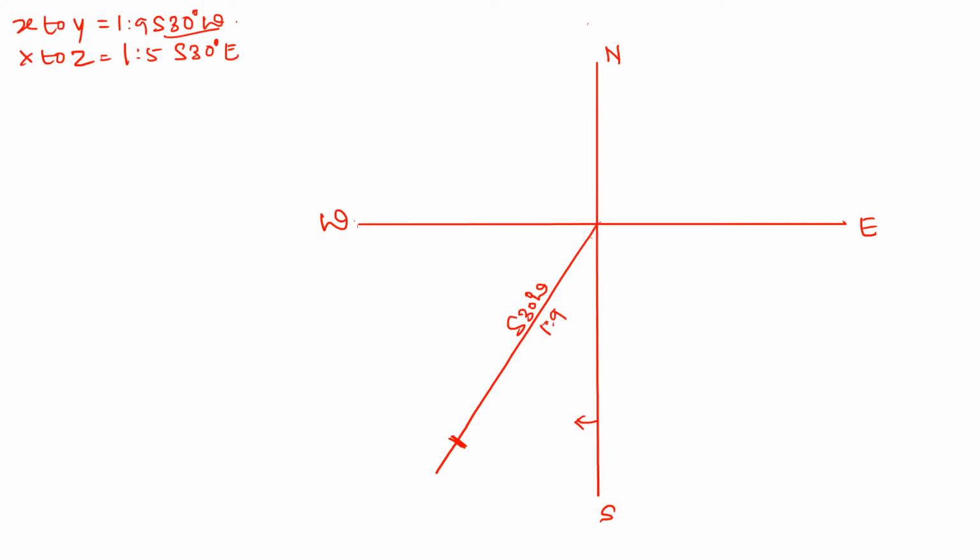Okay, so we are plotting from the point X. So let's name that as X. I'll change the color. This is X and this will be my point Y. Now let us plot south 30 east.